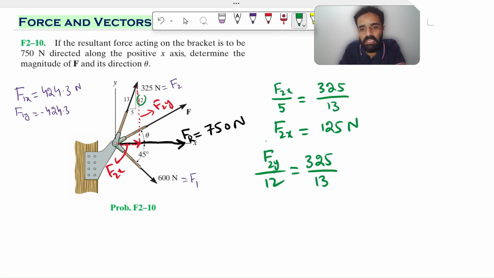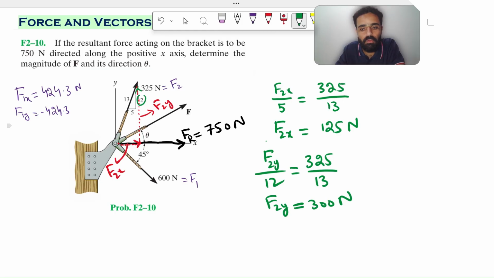I will be shifting this 12 to the other side, so it will multiply. After calculation, I will get the value of F2y equal to 300 Newton. Both x and y values will be positive because the x component is acting on the right side and the y component is acting upward.